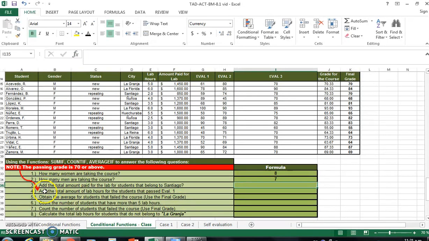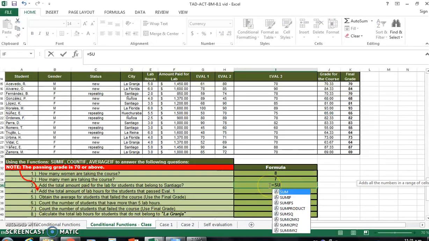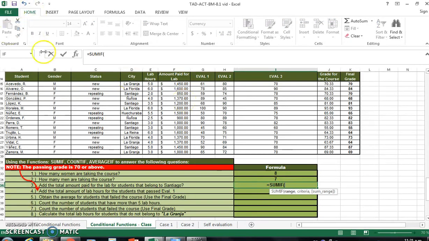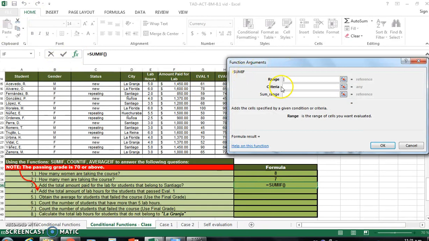The next question is asking us to add the total amount paid for the lab for students that belong to Santiago. In this case, to get a total, we need to use the function equals SUMIF, open parentheses, and then fx. Now remember, boxes 1 and 2 are about the VIP criteria. So, where are our VIPs and what are the specifications for our VIPs?